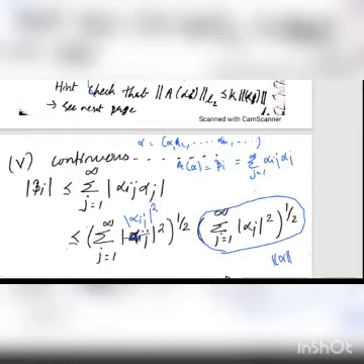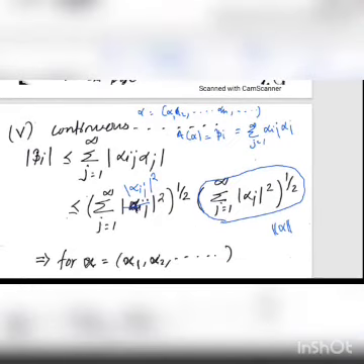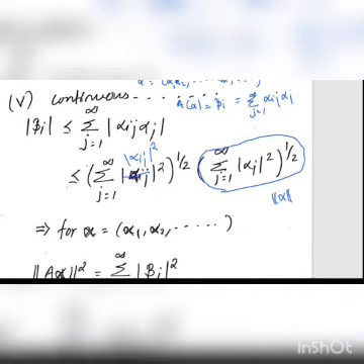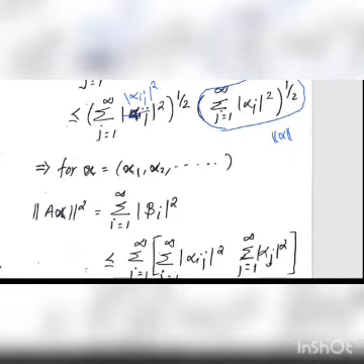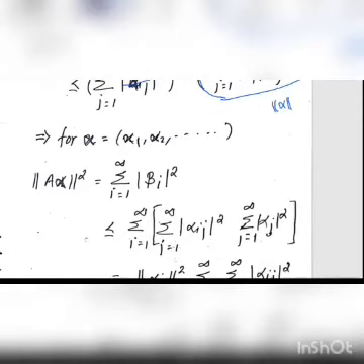Now for alpha equal to alpha 1, alpha 2, etc., we will have norm of A alpha square equal to sigma i equal to 1 to infinity modulus of beta i square, and we have just seen that this is less than or equal to this value. Now this quantity reduces to norm of alpha square.